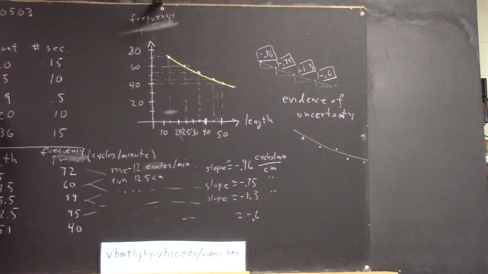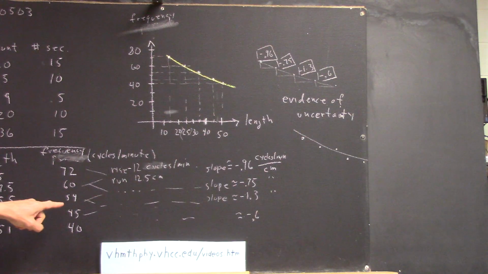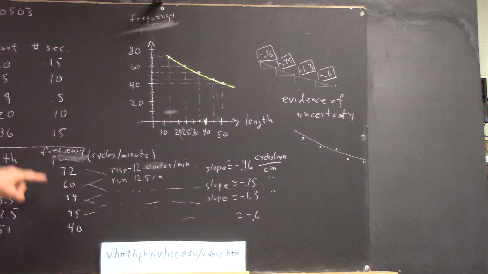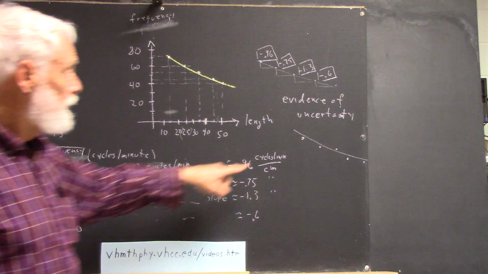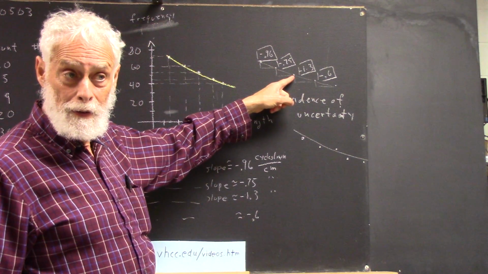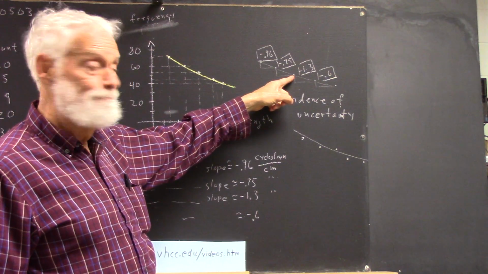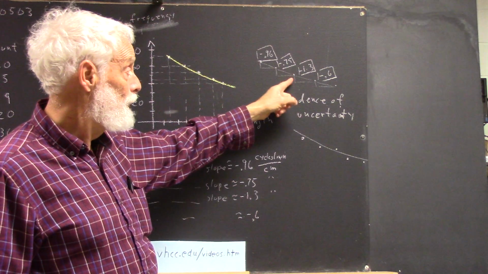That would significantly affect the 54 that we have here, right? So that might really only be 50, or it might be 58 or something. So we would have a significant effect on any data point that joins up with this one, here or here.